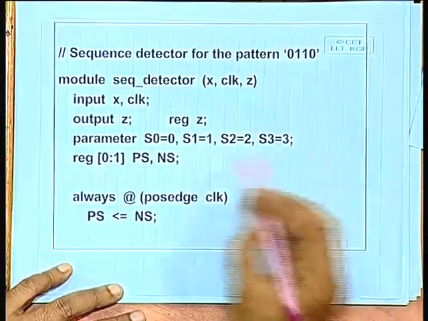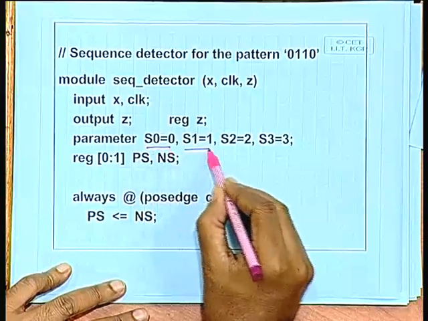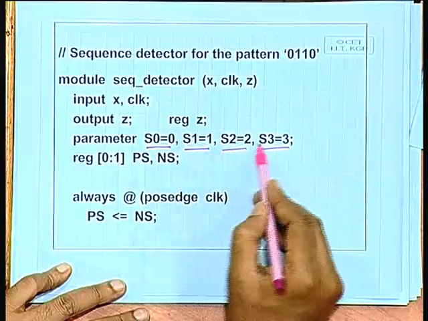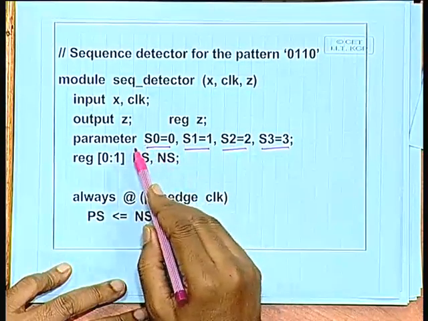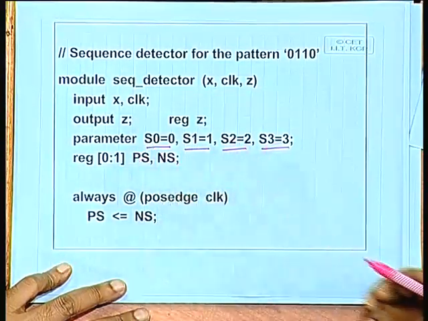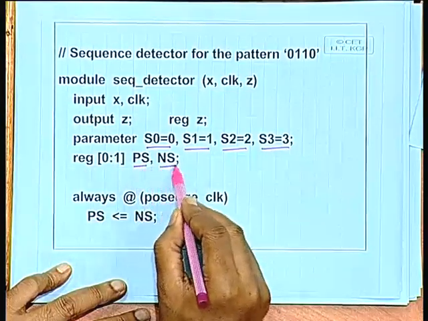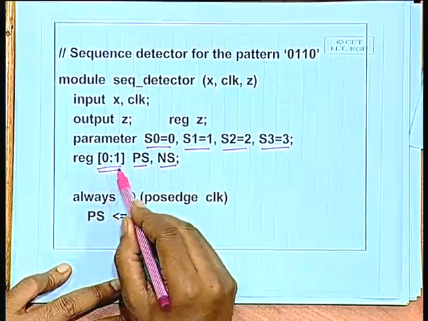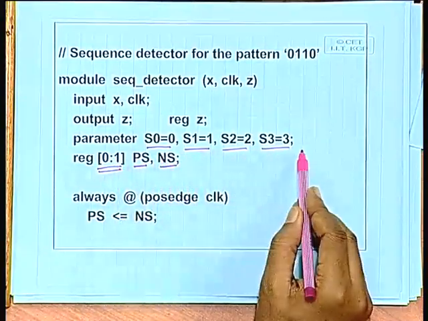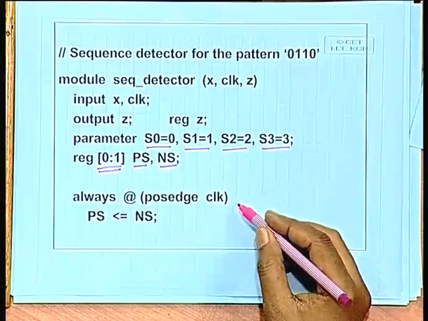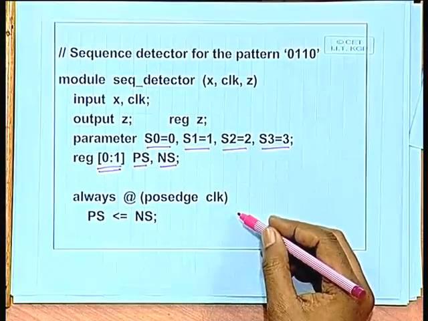First part is similar, we have 4 states, these we denote as 0, 1, 2 and 3, we call them S0, S1, S2, S3. We have the present state and next state, both of which we represent by 2 bits because there are 4 states, and we use 2 different sets of always blocks.